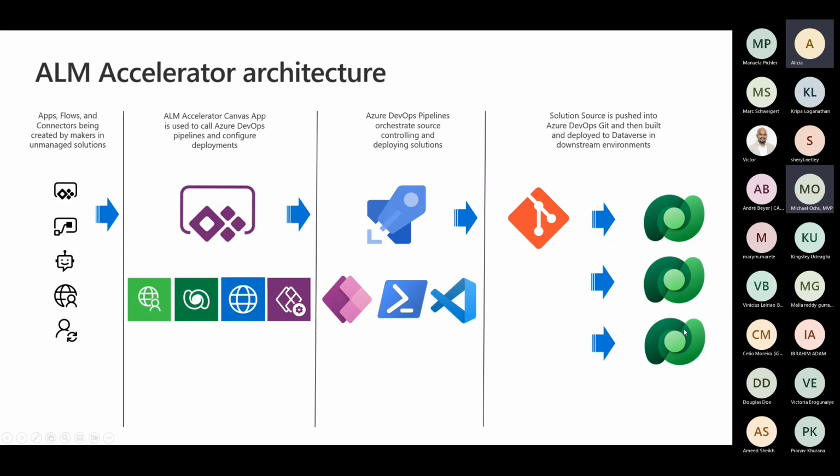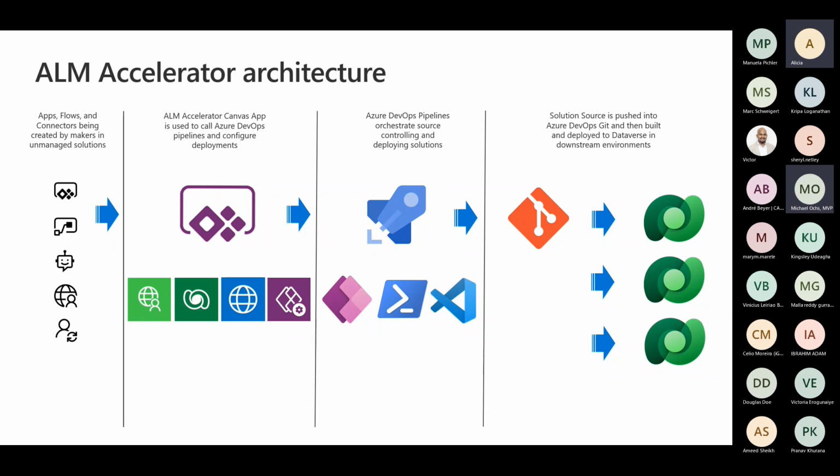And this shows 3 environments. It could be 5 environments. It could be 1 environment. It could be 2, whatever. But the idea is that source control in this case is the source of truth for what the solution is.